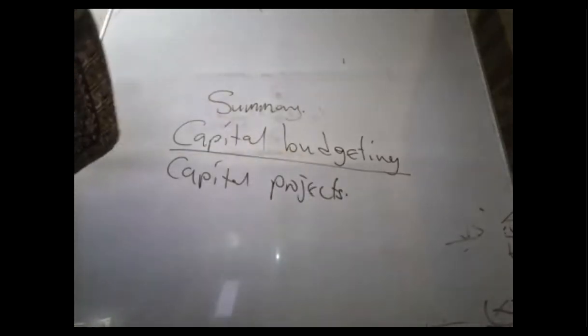When you talk about capital budgeting, it's a special type of budget that deals with long-term projects or capital projects. So it deals with appraising or budgeting of capital projects.